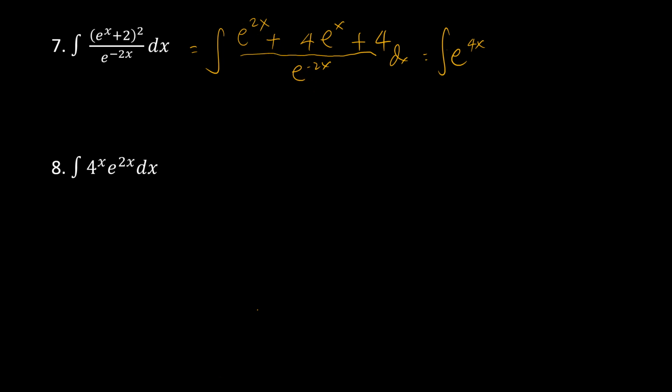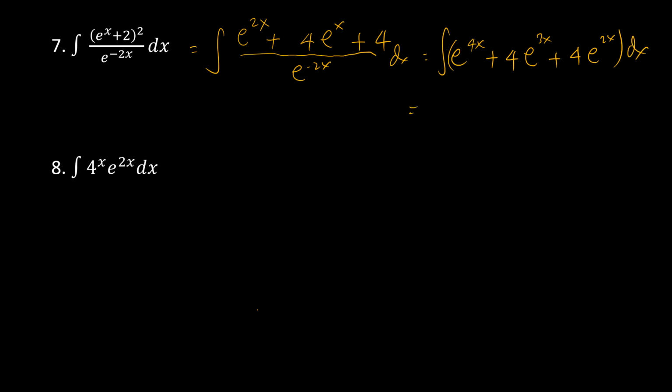That will be e raised to 4x plus 4 e raised to x over e raised to minus 2x. Again, e to the minus 2x becomes e to the positive 2x times e to the x. That will be e to the 3x plus 4 over e to the minus 2x, equivalent to e to the positive 2x dx.